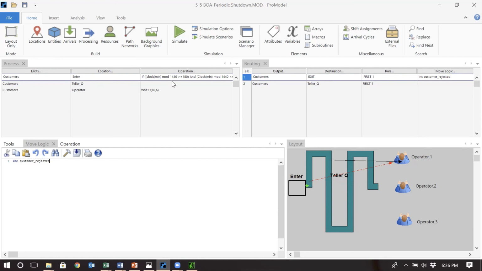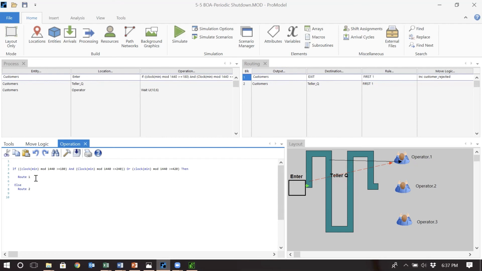Also pay attention that here in the operation, there is no specific order between the lines that you write here. I could write the first line to be the second one and the second line to be the first one. There shouldn't be any specific order. As long as you refer to the right line in your code, that's all that matters.